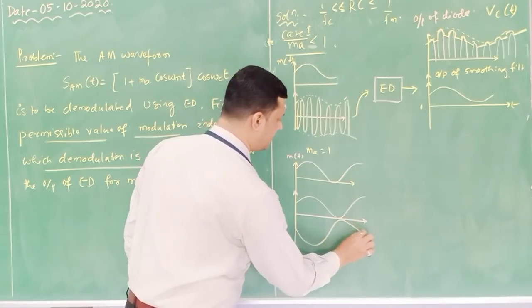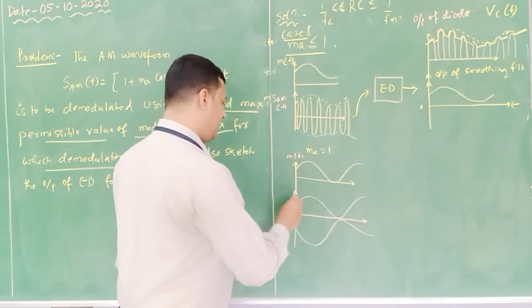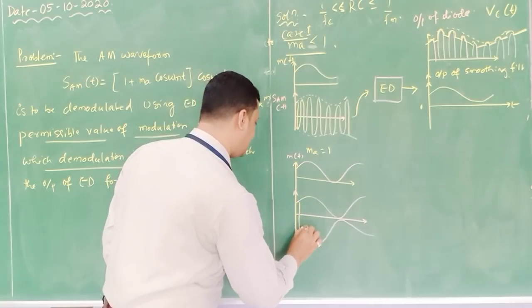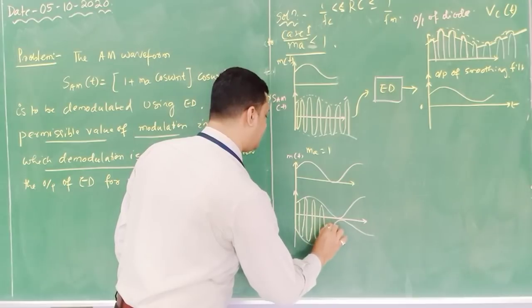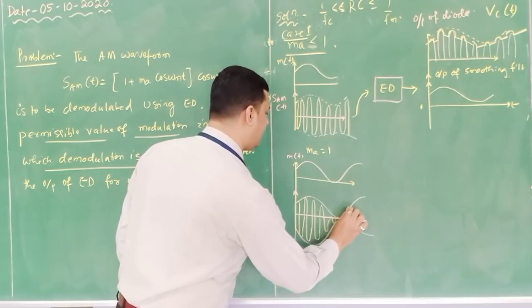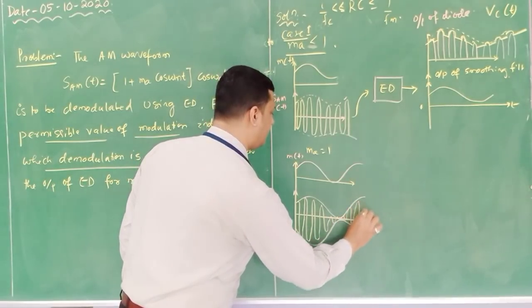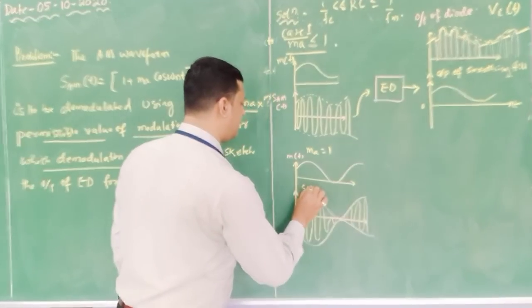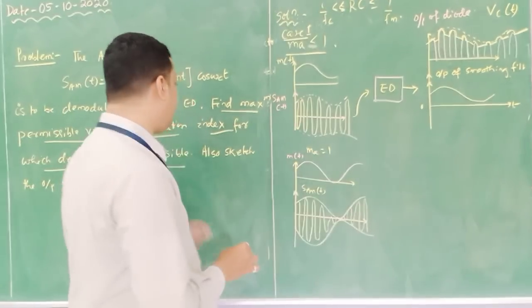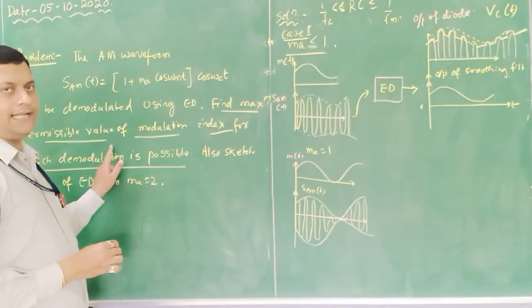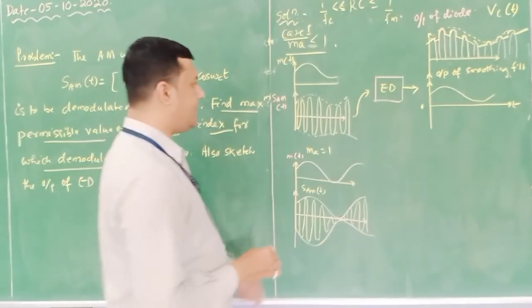It will just touch the zero, and here my carrier signals are available. This we have discussed in the previous class. I am just recalling all those concepts to understand what is the maximum modulation index permissible to get the modulating signal. So this is my modulated signal.